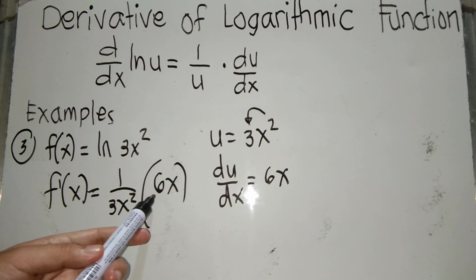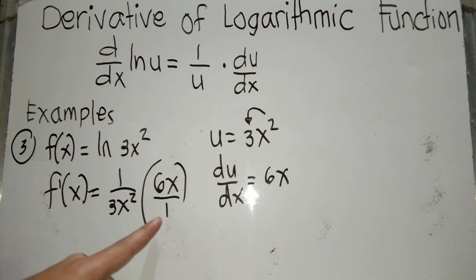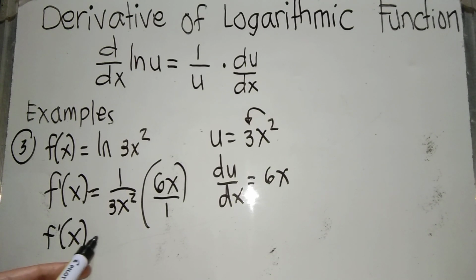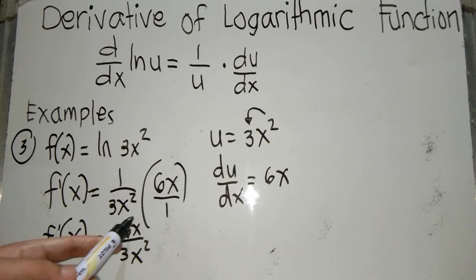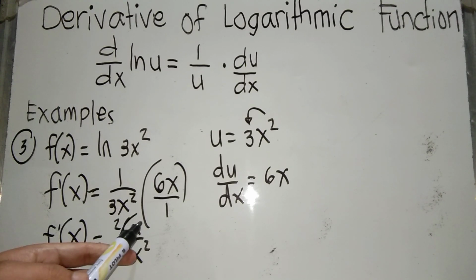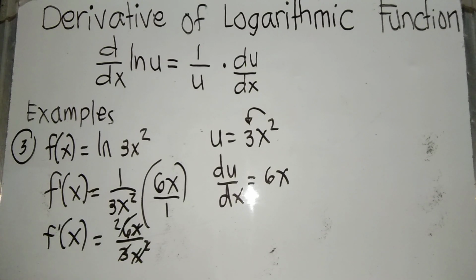We know that 6x has a denominator of 1. Anyway, 6x over 1 is still 6x. If you multiply fractions, multiply both numerators and both denominators. So this is now f prime of x is equal to 6x over 3x squared. But you can cancel 6 and 3, and 6 becomes 2 because that is divisible by 3. You can cancel also x and x squared.